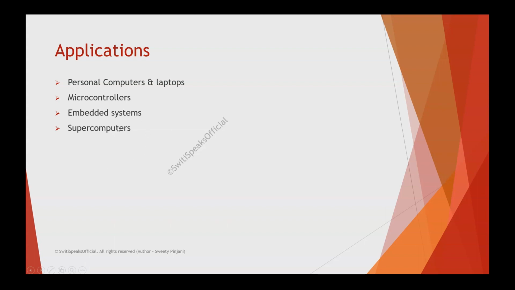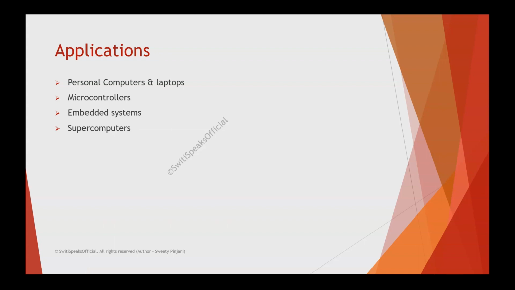Due to multiple processors and advanced memory management strategies, this limitation of bottleneck in von Neumann architecture is avoided and it provides the simplicity which is more useful for supercomputers. That is why von Neumann architecture is also used in supercomputers.